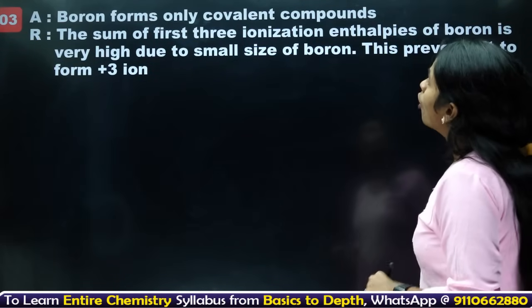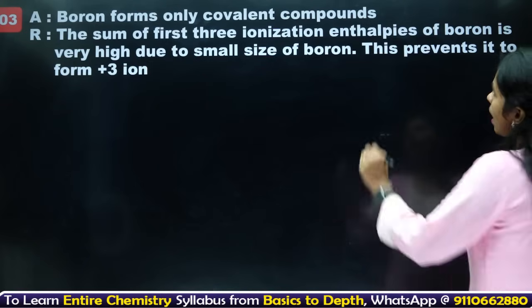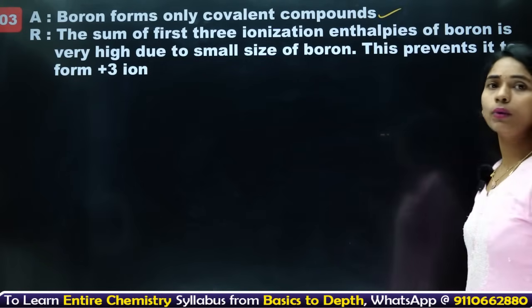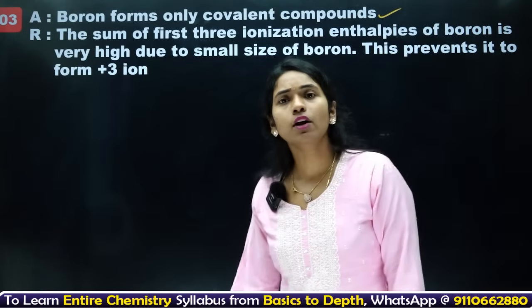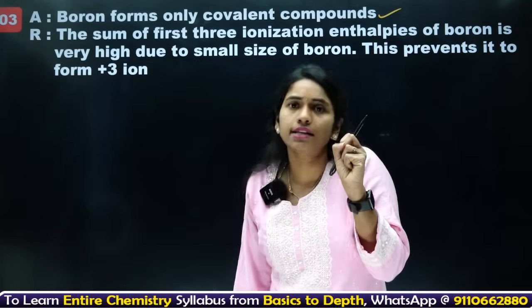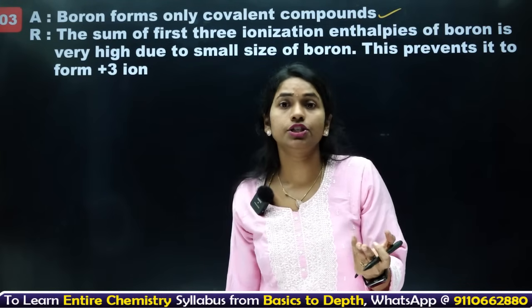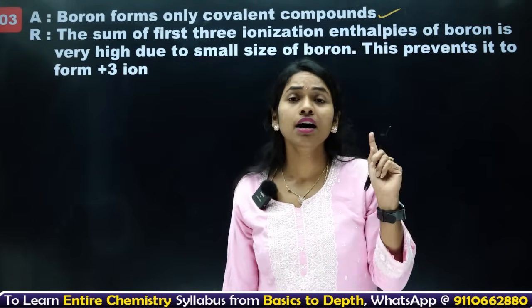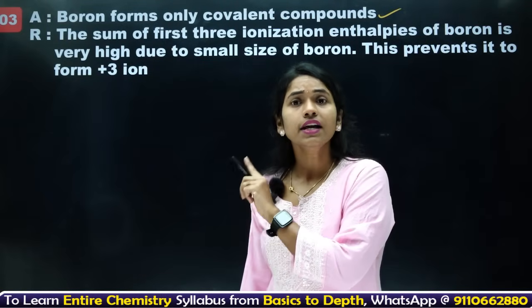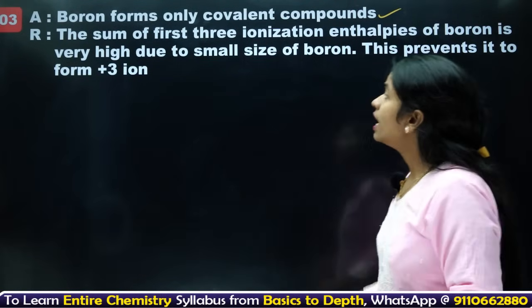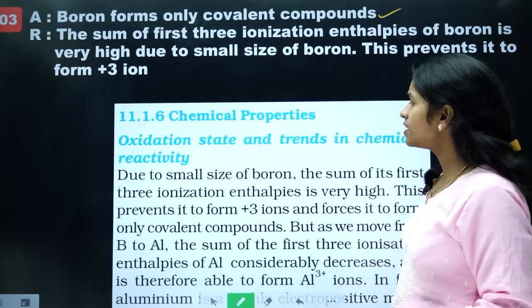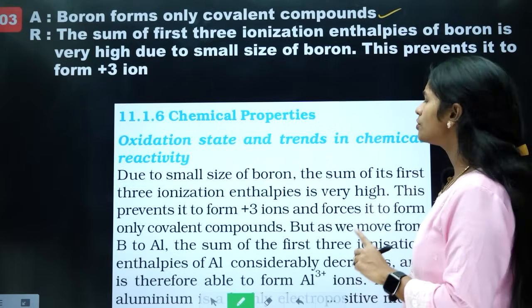Next question. Boron forms only covalent compounds. Why does boron form only covalent compounds? Due to small size and high ionization energy, it can't exist in ionic form. That is the reason it forms covalent compounds. The sum of the first 3 ionization energies is very high due to small size.